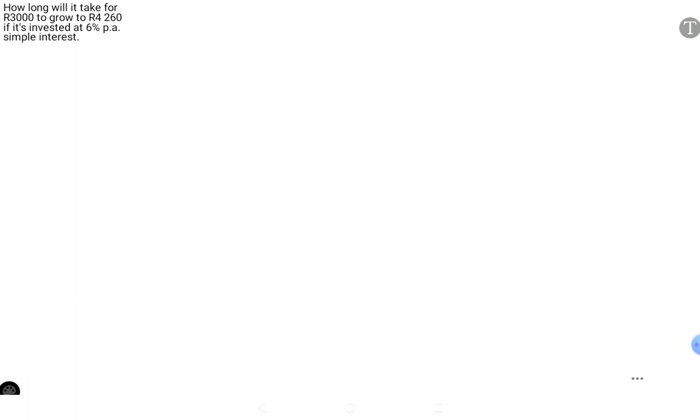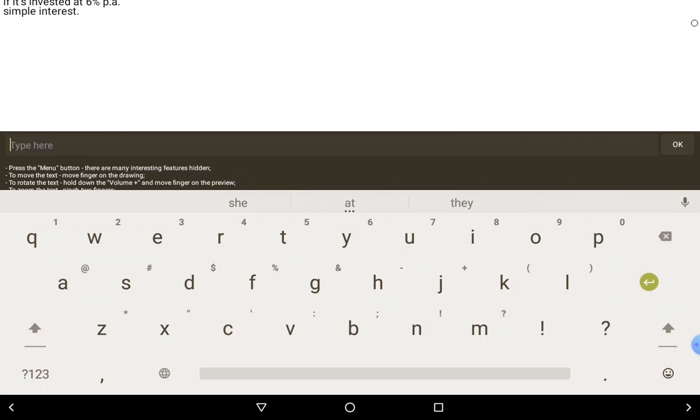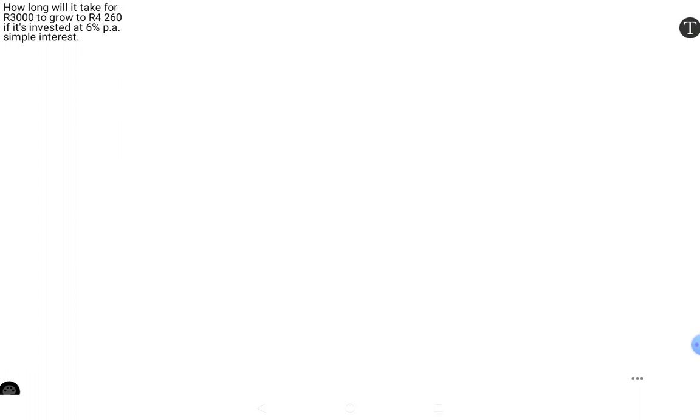So firstly, let us write our given information. Principal amount: 3,000.